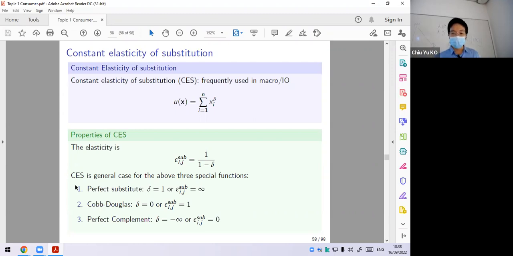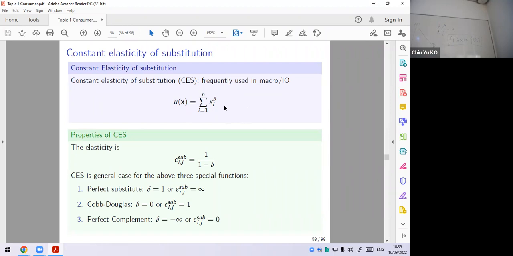This form also has a lot of good properties we don't describe here. But the thing is, say you have n different commodities. The good thing is that when you add more commodities, this function usually stays the same form. You just change to n plus 1, and things usually have no problem.